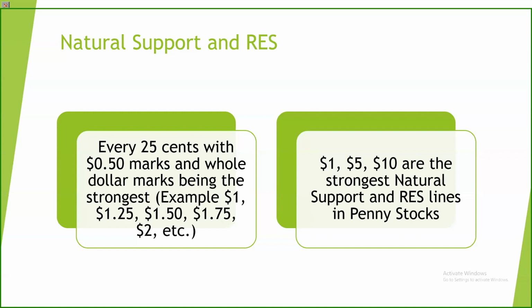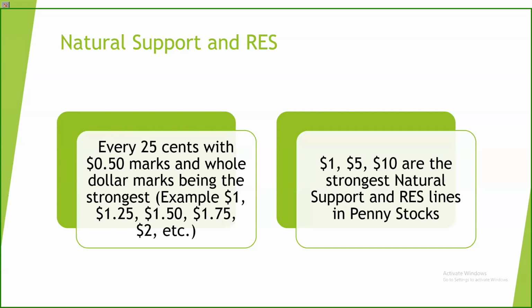So just make sure you're keeping that in mind. If you bought a stock at $1.60 with 1,000 shares and it ran up to $1.75, here's a resistance line, but it should be lighter resistance, and you break through it. Great, now we're coming up to $2. That's a natural resistance line, and it's a little bit stronger. Let me make sure I lock in my $400 in profit. That's going to be a strong resistance line. You just made 40 cents on 1,000 shares, and you just made $400 just like that.